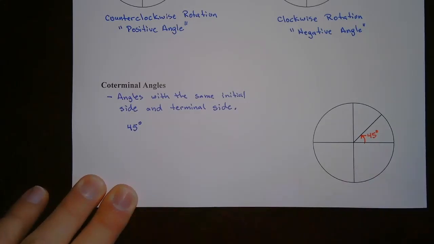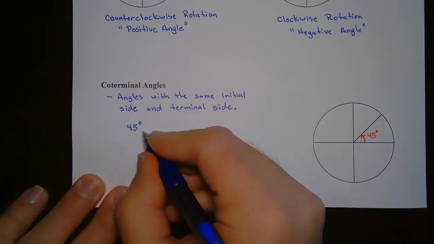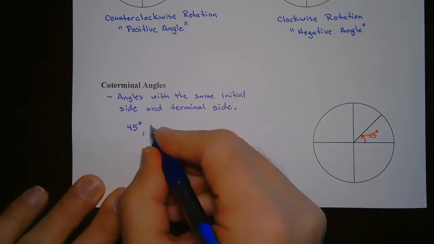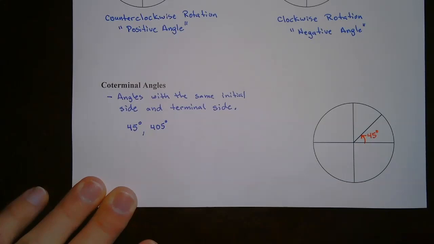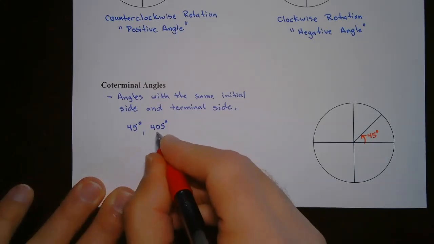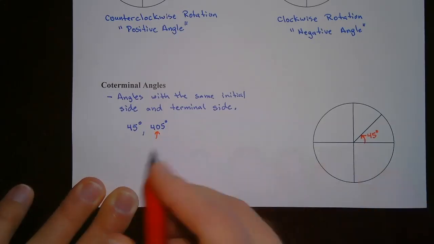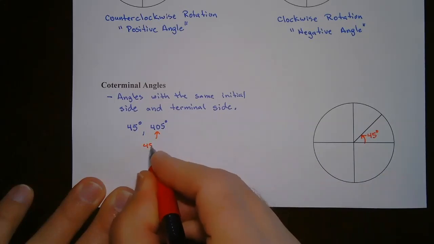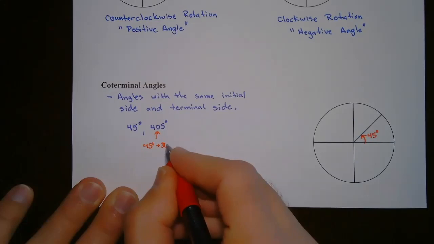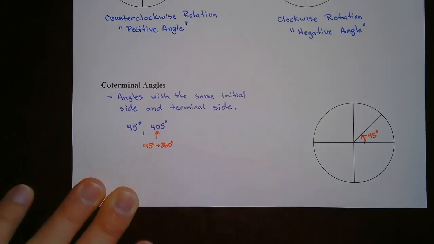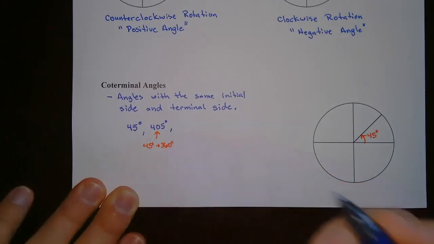A coterminal angle with 45 degrees would be a 405-degree angle. Now you may be wondering, Mr. Mitchell, how'd you come up with that? Well, we came up with this by taking the 45 degrees and adding 360 degrees.